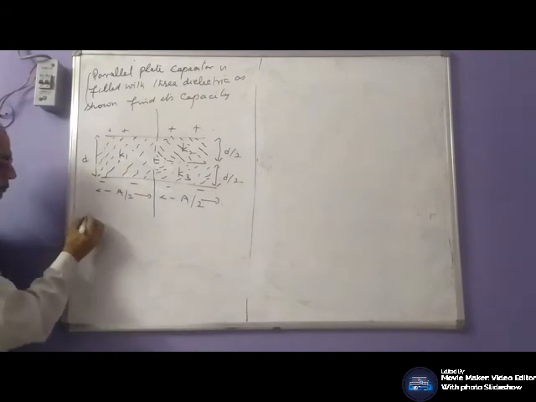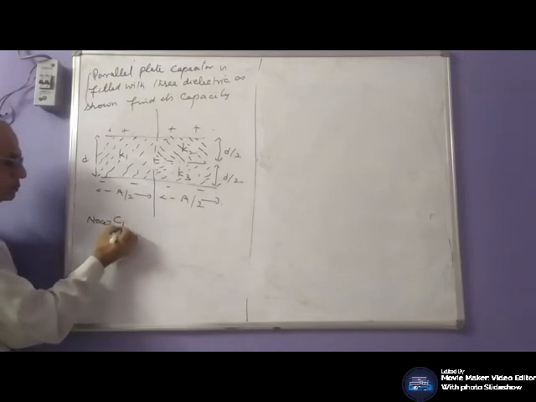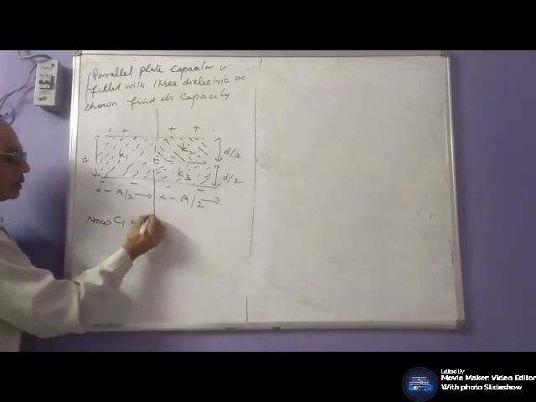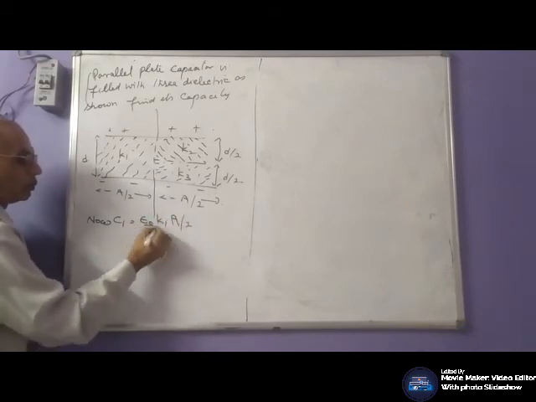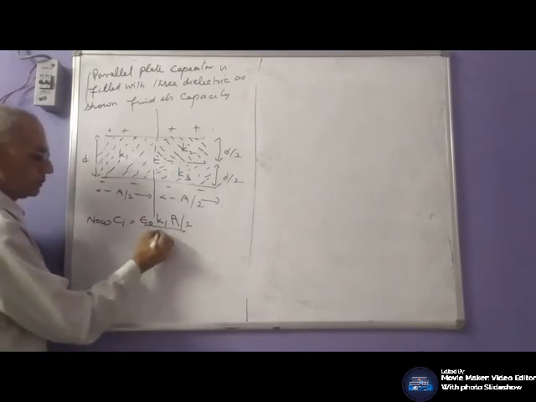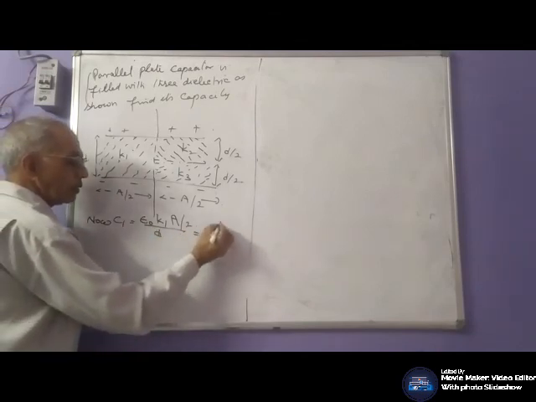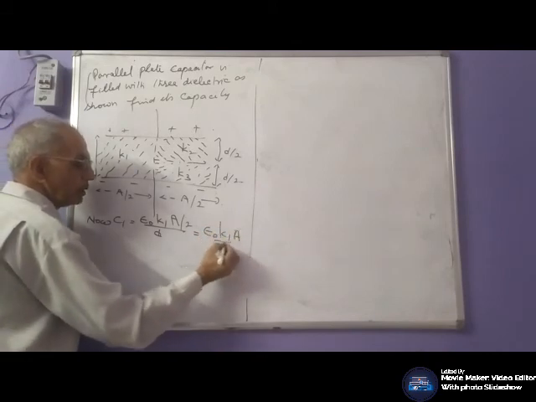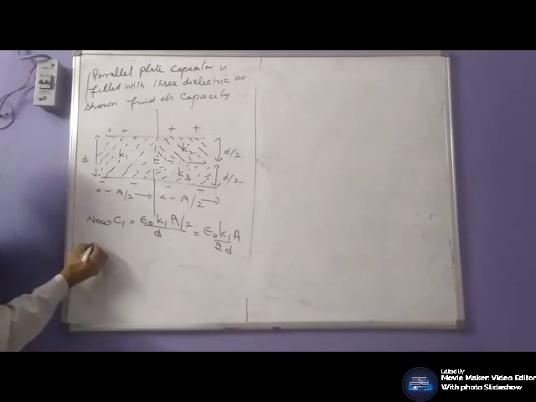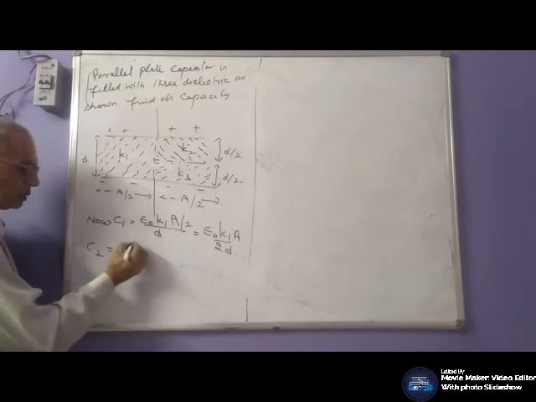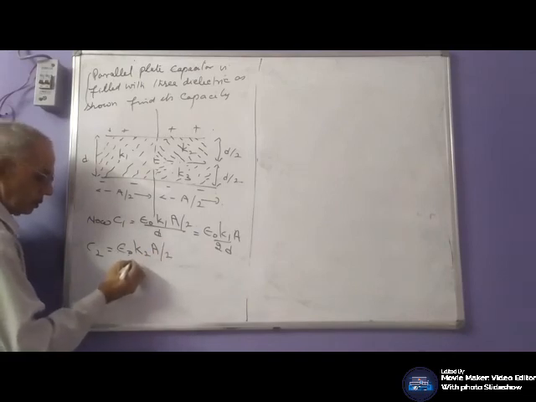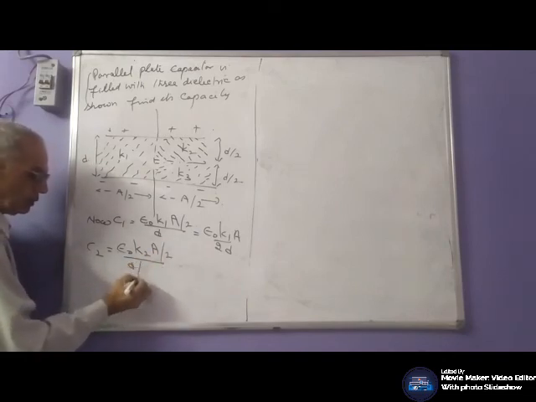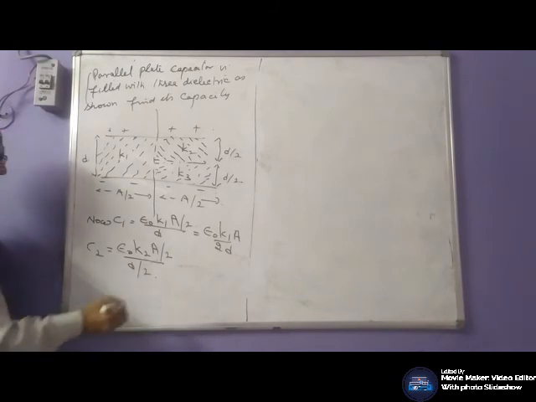Now C1 is epsilon naught K1 A by 2D. It is epsilon naught K1 A by 2D. C2 is epsilon naught K2 A by 2 over D by 2.